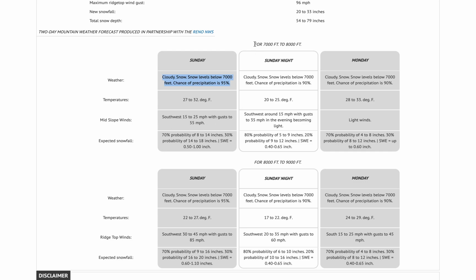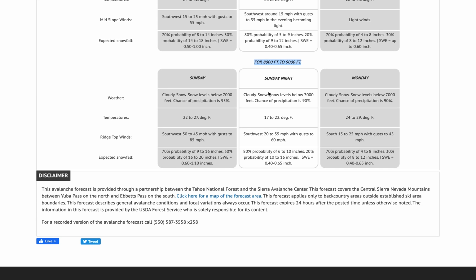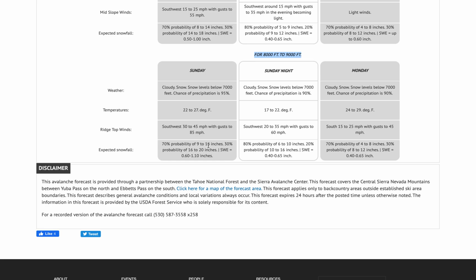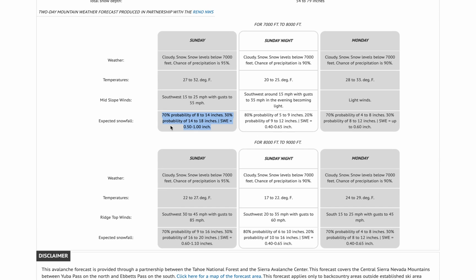Most forecast centers have it for below tree line and near tree line. In the case of the Sierra, this is between 7,000 and 8,000 feet. And then along the Sierra crest, more above tree line, you have the 8,000 to 9,000 foot forecast. And that's the final thing. You can use this snow probability to forecast for yourself and see what the snow is going to do, if it's going to become more stable or less stable, and you can also incorporate the temperatures to make inferences for yourself.